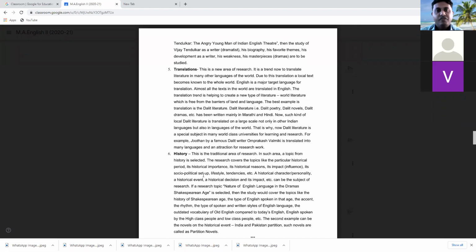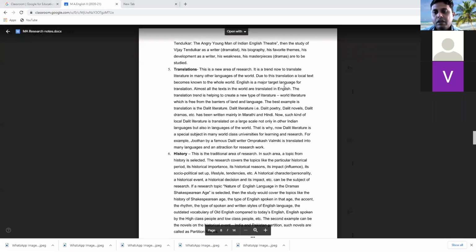So that translation field is open for research today. The local literature can be transferred to a global platform with the help of translation. I can translate a German text from the German language to the Ahirani language. That is also possible, right?